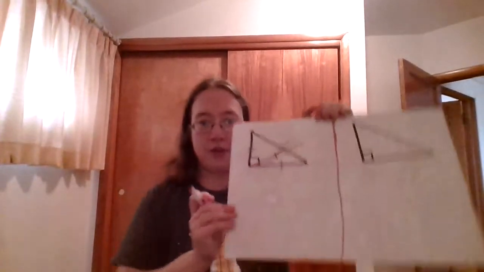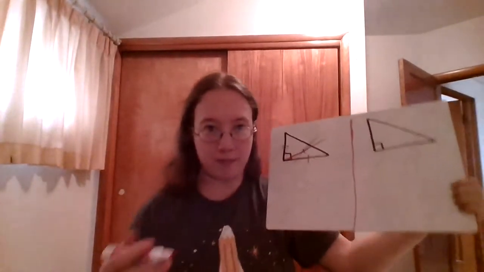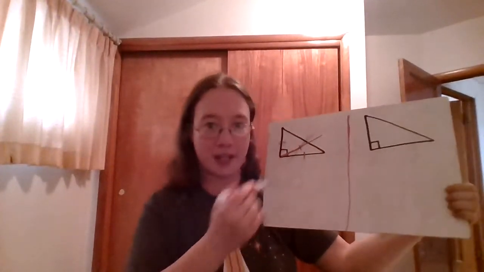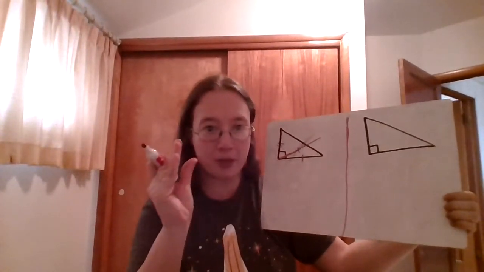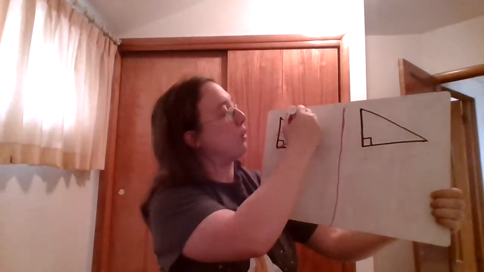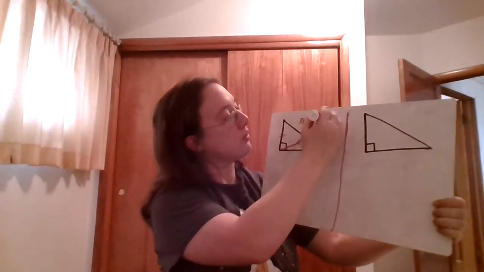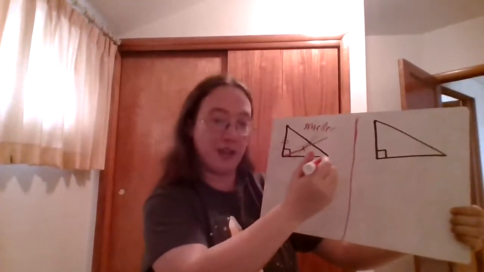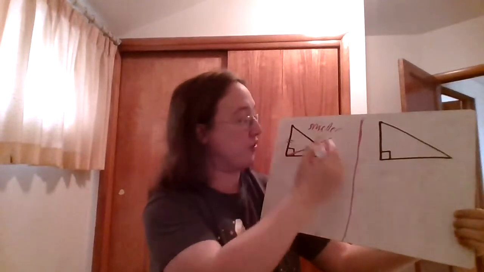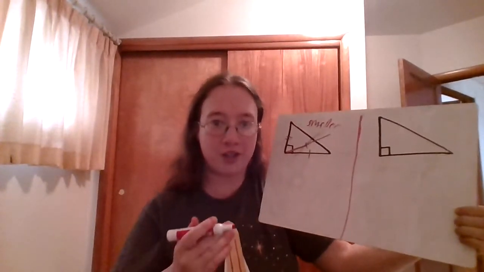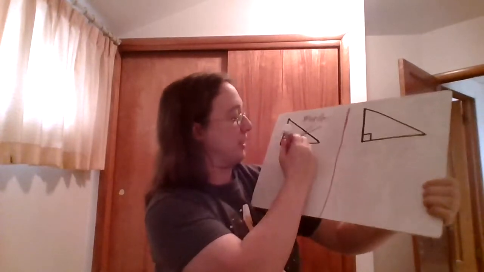Think back to the hinge theorem back when we were talking about triangles. If we have two sides that are the same and I make the angle between them a bit smaller, that's going to make this side smaller. So if we make that angle smaller, the side across gets smaller. Again, as long as those two sides are staying the same. So if we make that angle smaller, we've got ourselves an acute triangle instead.